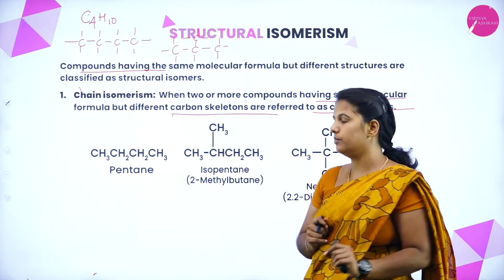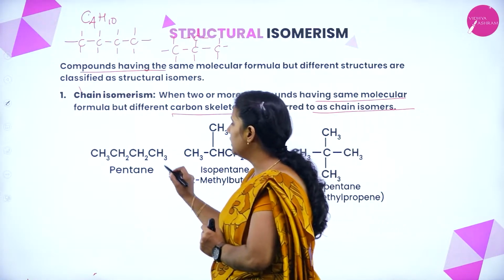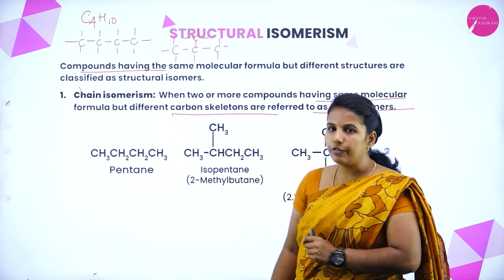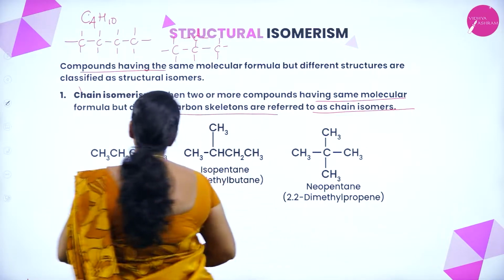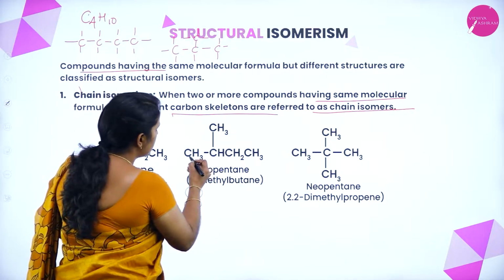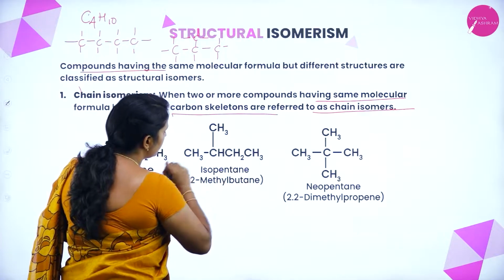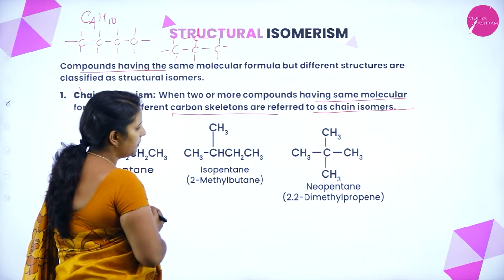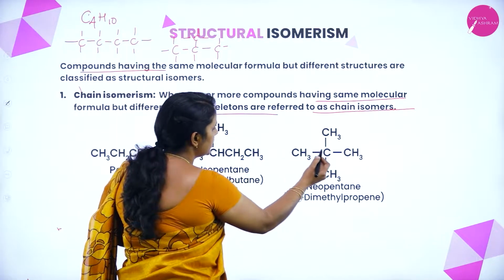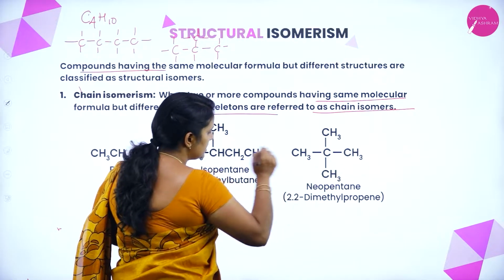Chain isomerism. Okay, you can see the pentane which has 5 carbon atoms. Here is the one I have written, CH3, CH, CH2 and CH3, with one branching. And here is one more way: CH3, C, CH3, CH3 and CH3.